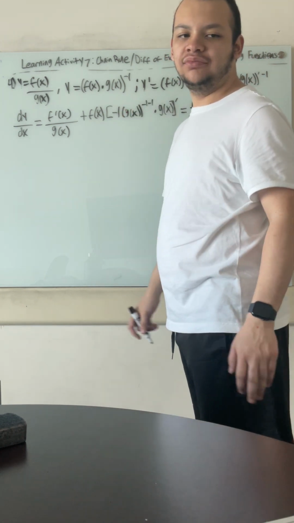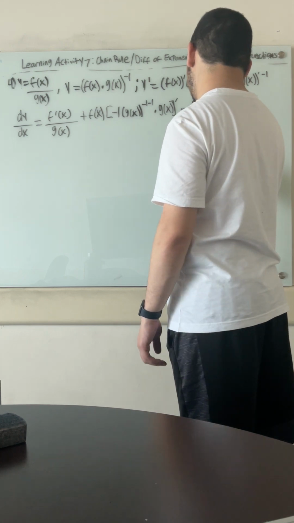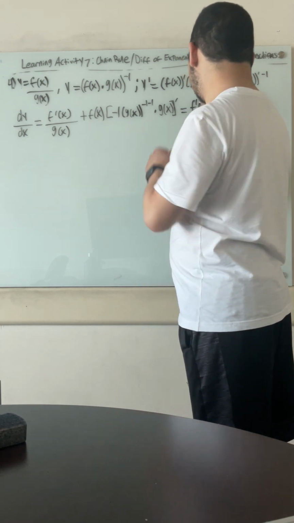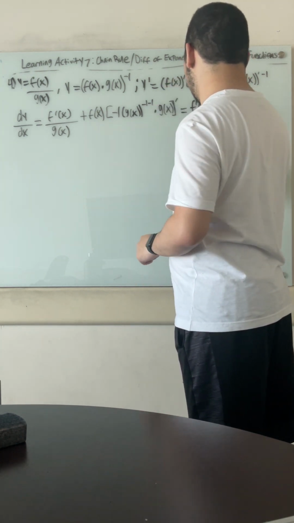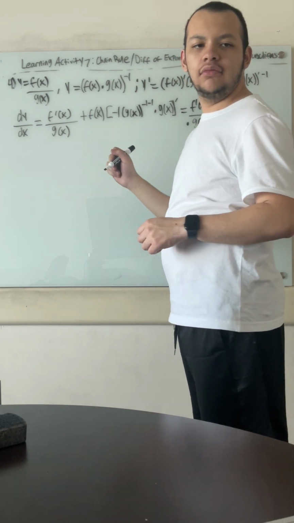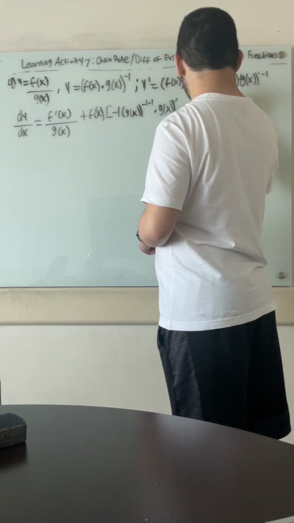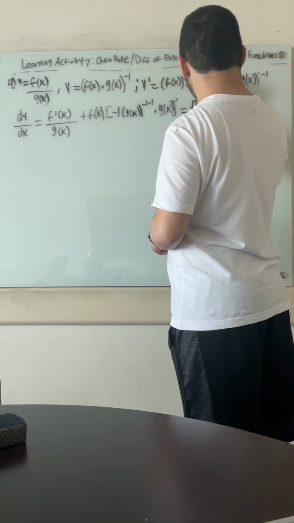All right, so now we're going to multiply the numerator and denominator right here by g of x. We keep this side the same. So we have g of x times g of x, and then f prime of x times g of x.